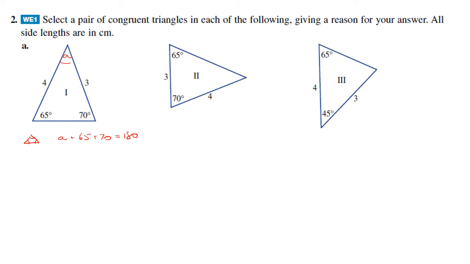So if we went 180, take away 70, take away 65, that'll give us A equals 45 degrees, sorry, 45 degrees. In this triangle here, B plus 65 plus 70 equals 180. So if we went 180, take away 70, take away 65, we'll get B equals 45.